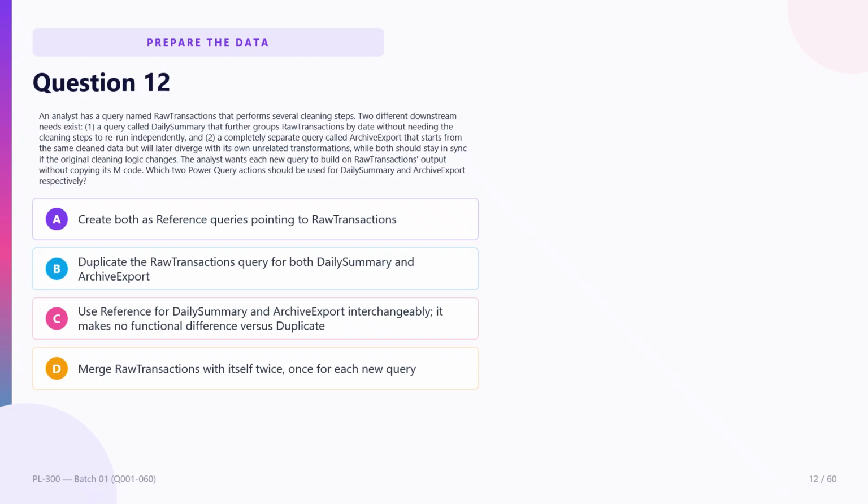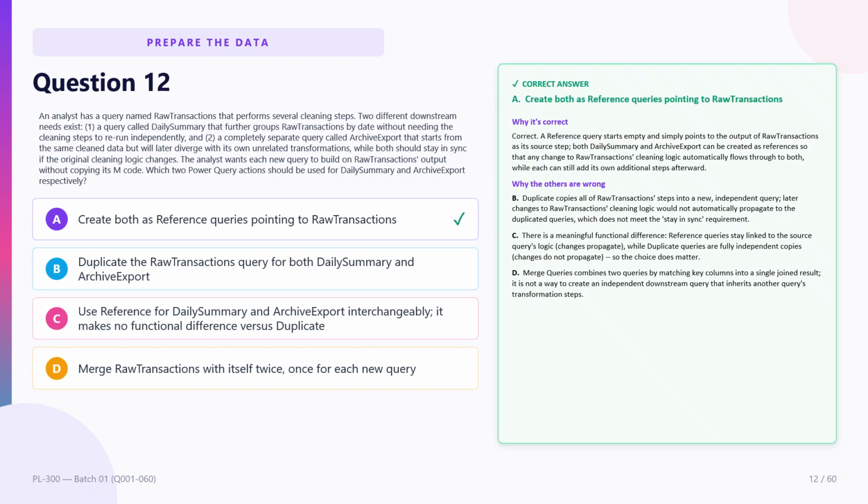And two, a completely separate query called archive export that starts from the same cleaned data but will later diverge with its own unrelated transformations, while both should stay in sync if the original cleaning logic changes. The analyst wants each new query to build on raw transactions output without copying its M code. Which two Power Query actions should be used for daily summary and archive export respectively?